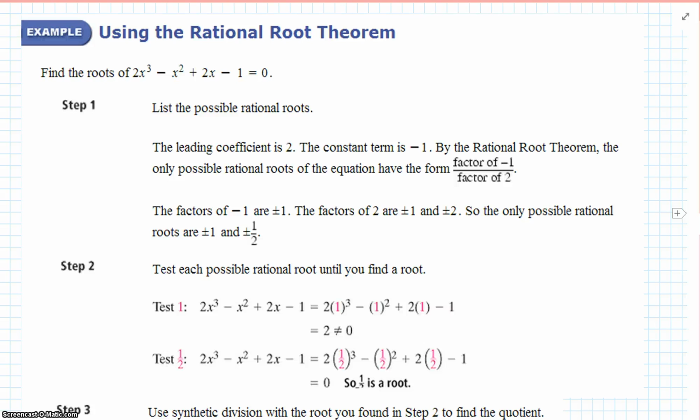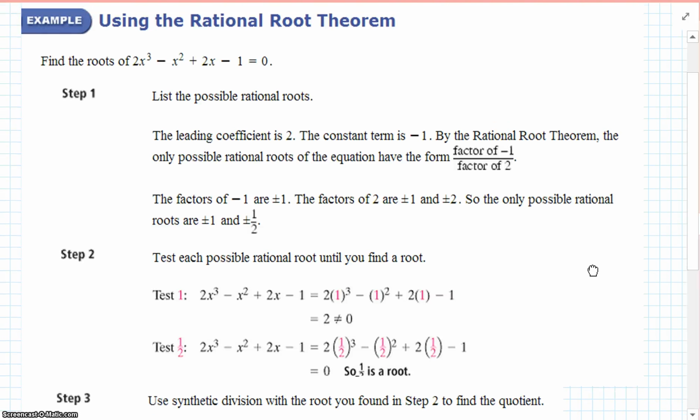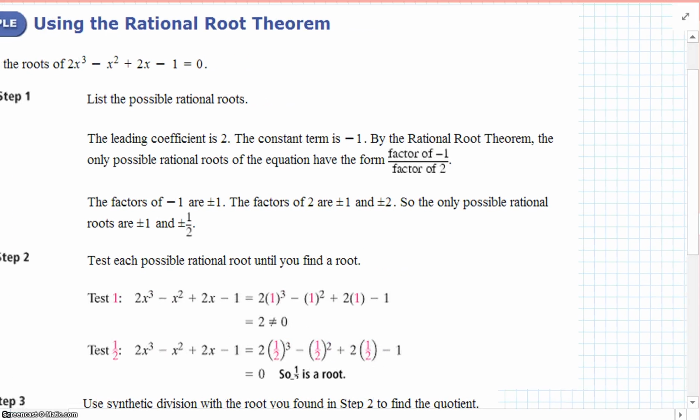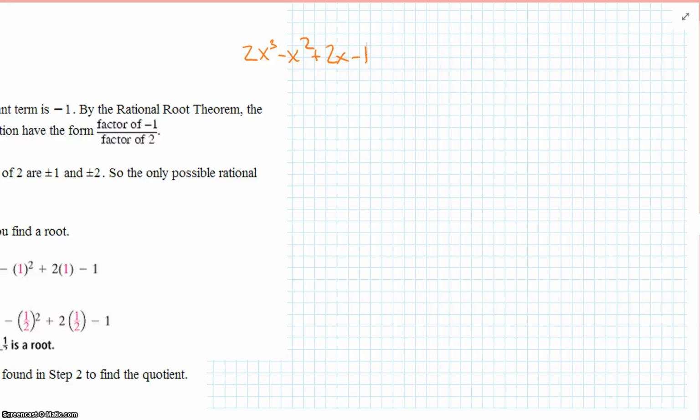All right, so find the roots of 2x cubed minus x squared plus 2x minus 1. So let's find all the possible factors first.